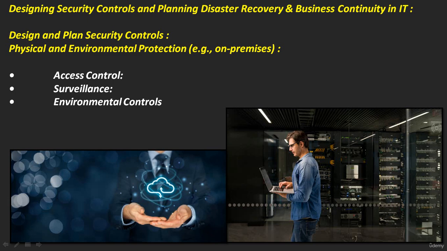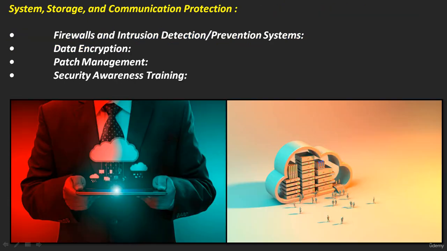Finally, environmental controls. Ensure the right temperature, humidity, and fire suppression systems are in place to protect hardware and the data centers. Now, what about system, storage, and communication protection? Securing your data systems, storage, and communication network is a very important part of today's digital landscape. So what are the processes we have to discuss?